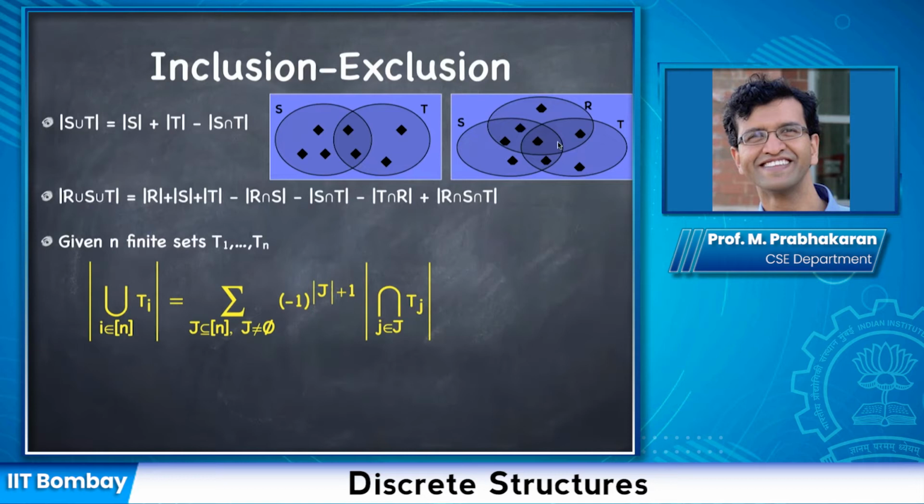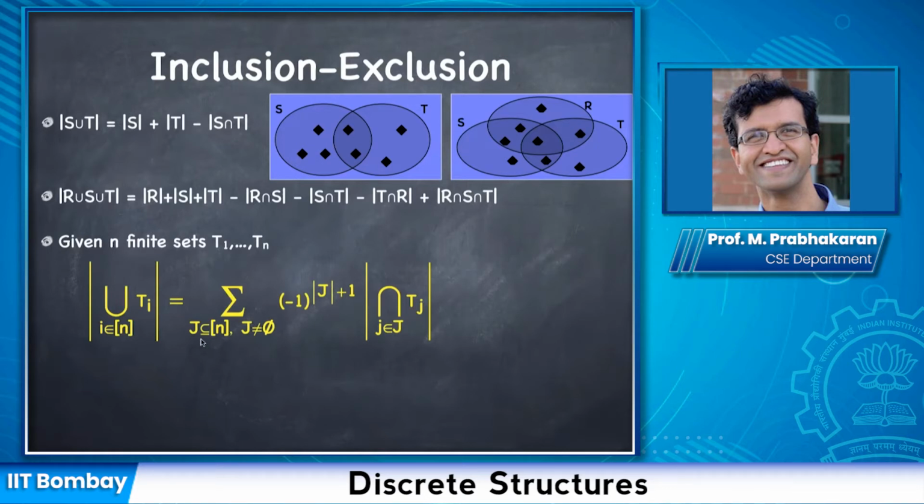More generally, you have n sets, you can take any subset of them and take their intersection. So that is what this stands for. And we would be interested in writing the size of the union in terms of the sizes of these various intersections. And here is how you need to put them together.